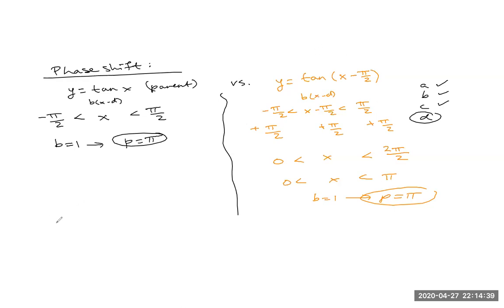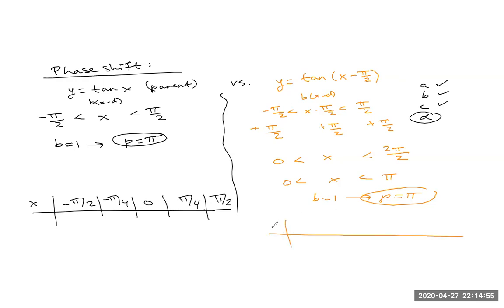So x: negative pi over 2, negative pi over 4, 0, pi over 4, and pi over 2. And then x values for our shifted, we're going to have 0, pi over 4, pi over 2, 3 pi over 4, and pi.